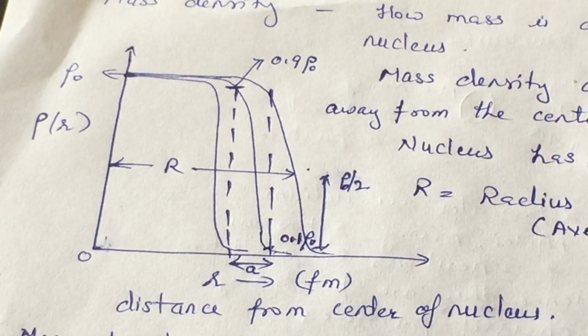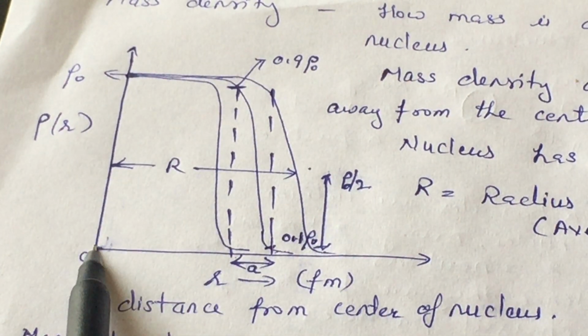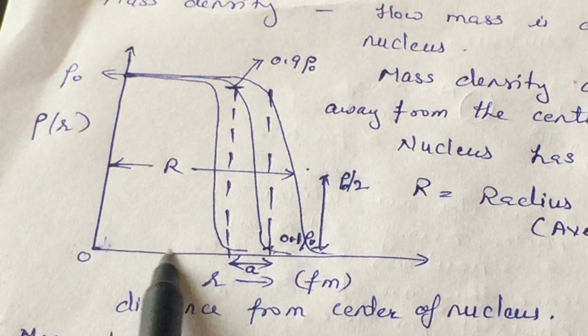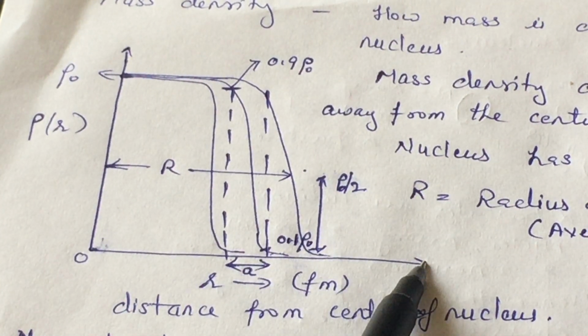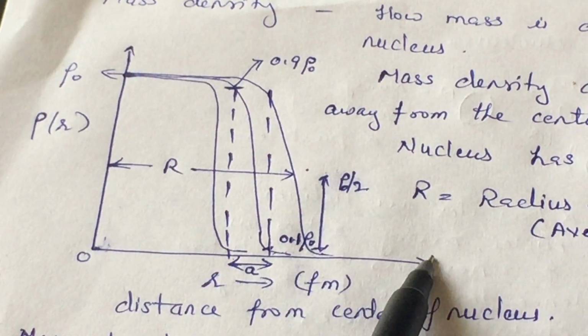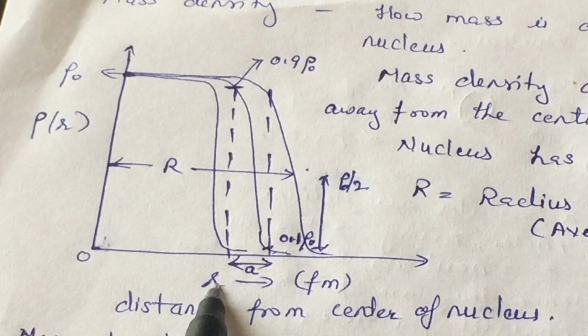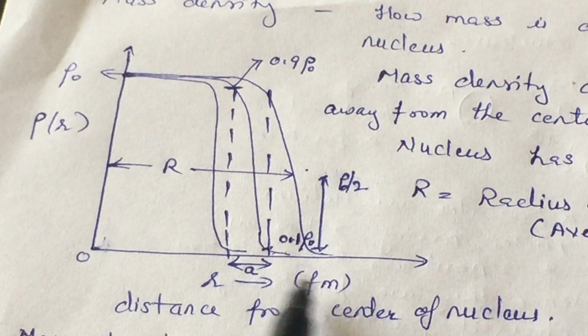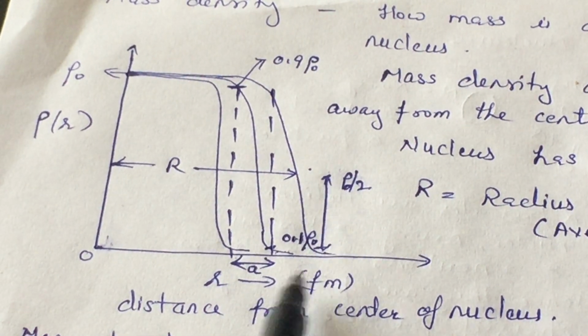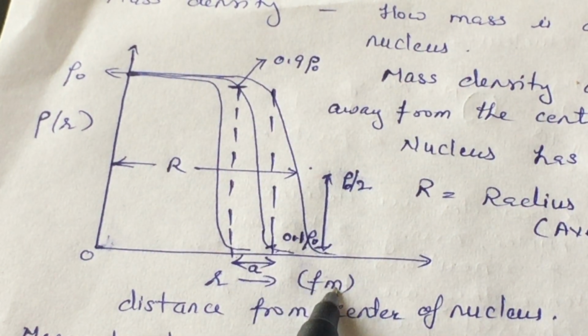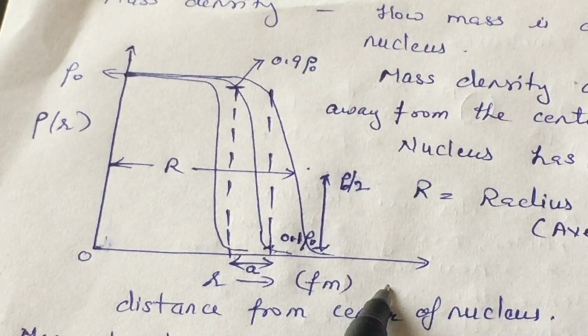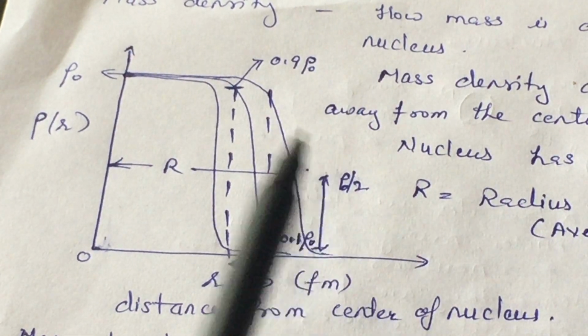Let us again consider this is the center of the nucleus, and we are moving towards the positive x-axis. The distance from the center of the nucleus is increasing. The range or dimensions of the nucleus are in Fermi meter, or femtometer, that is 10 raised to power minus 15 meter.